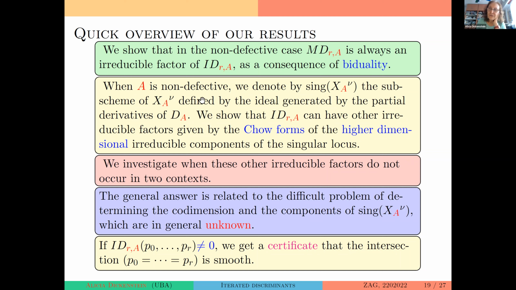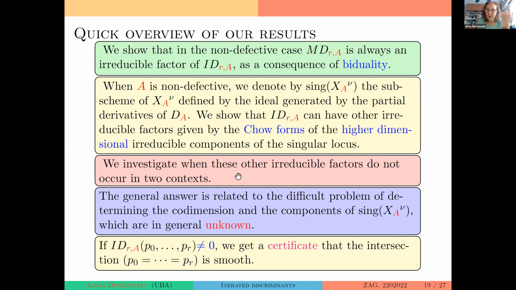When A is non-defective, we're going to call Sing XA dual the subscheme defined by the ideal generated by the partial derivatives. And we show, in fact, that this easiest way of computing the iterated discriminant can have other irreducible factors, which are given by the Chow forms of higher dimensional irreducible components of the singular locus.